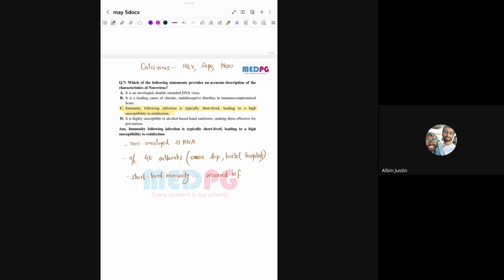They are non-enveloped, single-strand RNA viruses.